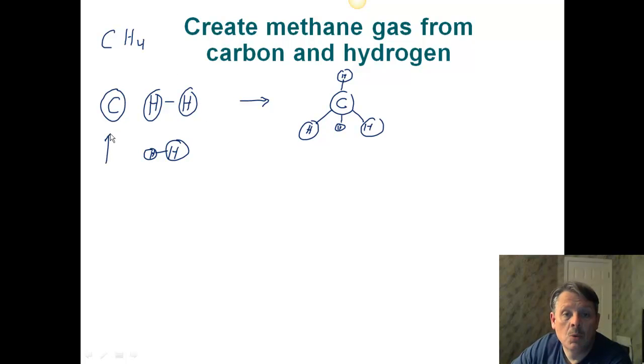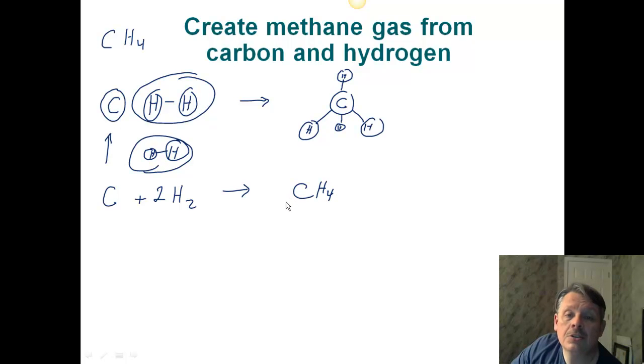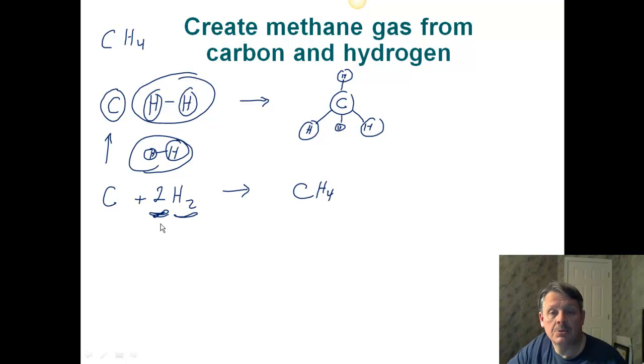Well, I've taken one carbon, and I've taken two H2s. There's an H2 and there's an H2. So there's H2, but I've got two of them, and I've created one CH4. So I have exactly the same number of carbons and the same number of hydrogens on both sides. And notice I added this thing called a coefficient in front of the H2 to tell you that I had two H2s.